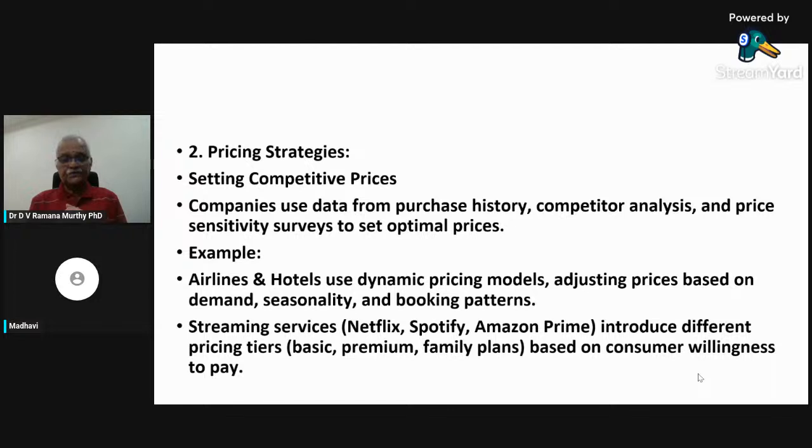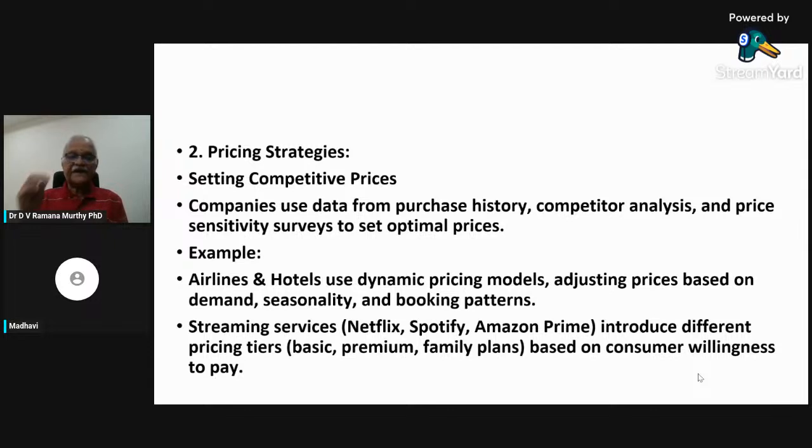Again, I have already told you, streaming services like Netflix, Spotify, which is a music app, and Amazon Prime, which is an online store, introduce different pricing tiers, like basic price, premium price, family plans. See, how do they do that?